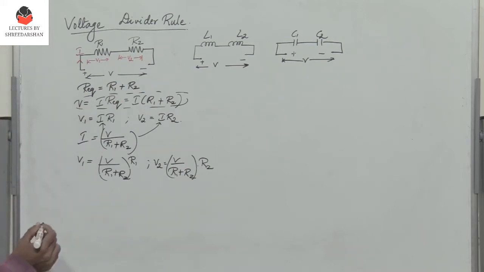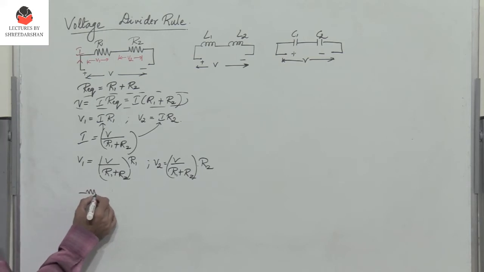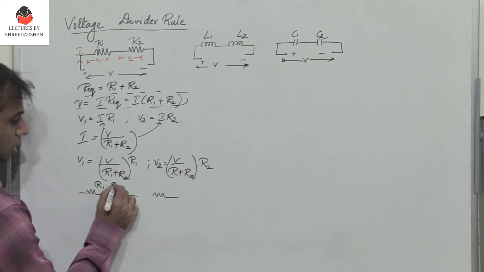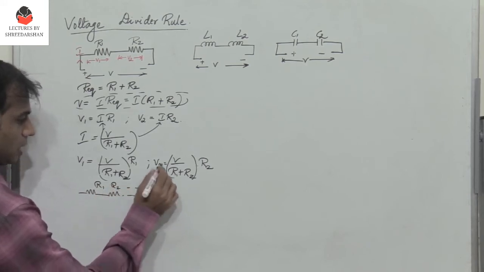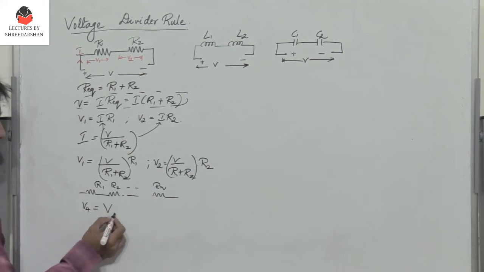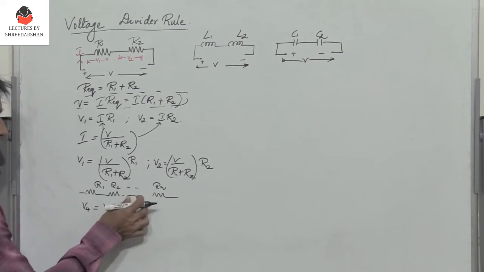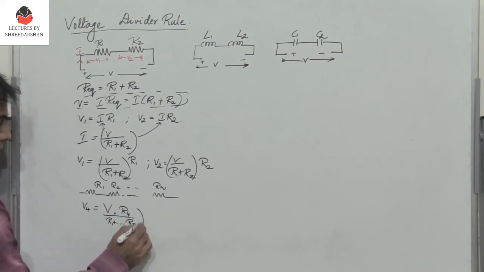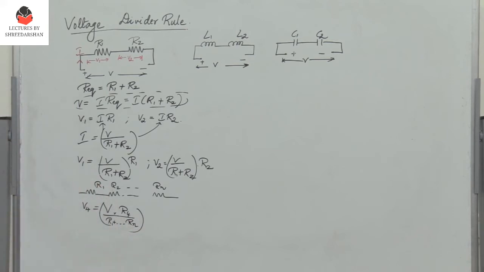Now let us assume there are n resistors connected: R1, R2 and Rn. Suppose I want to find V4, the voltage across the fourth resistor. It is going to be the total voltage into R4 divided by the sum of all the resistors R1 to Rn. So that's V4. It's as simple as that.